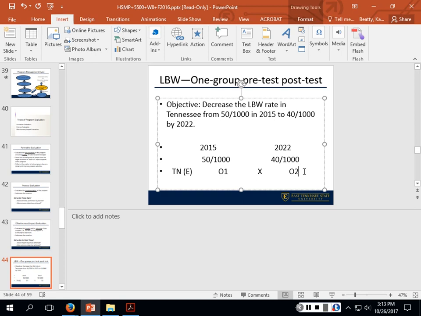So for the effectiveness evaluation, do different methodologies relate to different contexts of public health? Yes. Like if we're writing a grant to implement in our community, would the one group pre-test, post-test be an acceptable methodology?